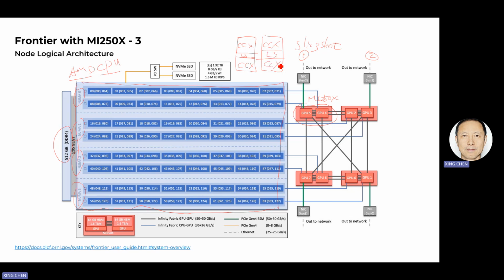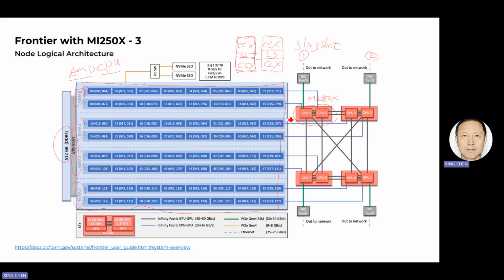Basically, each L3 region is a chiplet. That means that for NUMA node 0, you have 2 chiplets, and each chiplet has 8 cores. This is the early AMD EPYC CPU. So it has 8 cores per chiplet, and 2 chiplets per NUMA node. And each chiplet is called a domain.